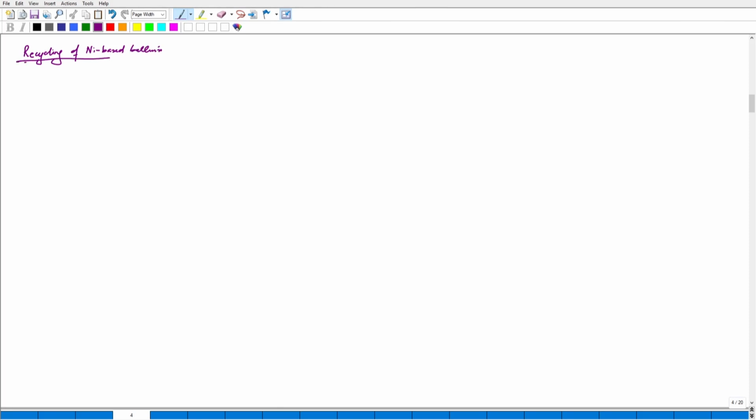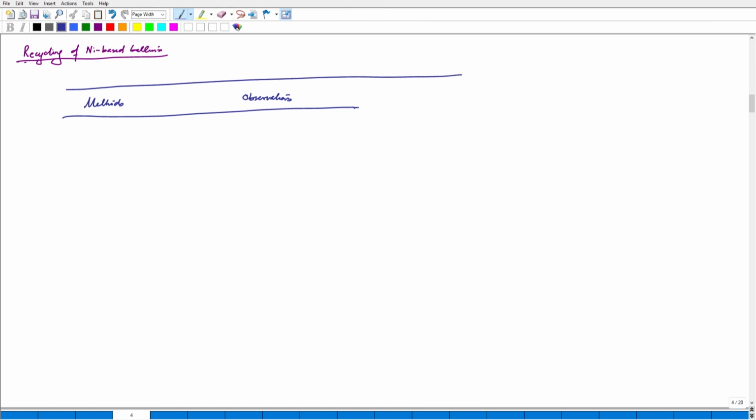There are various strategies how we should be handling these batteries. So let us just write methods and observations. What are the methods and what are the key observations that we will be writing now?